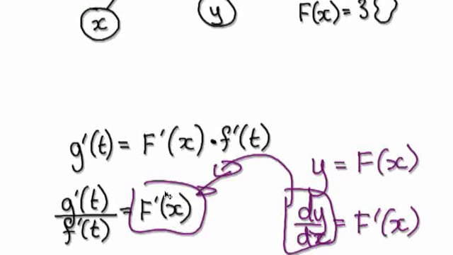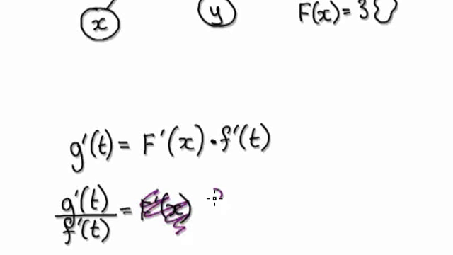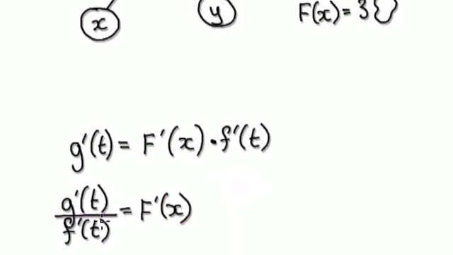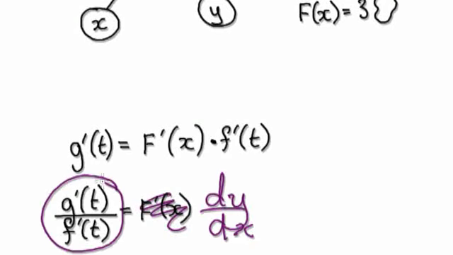Now dy by dx, which is the derivative, is simply you differentiating g of t and you differentiating f of t. So dy by dx is equal to this thing here.